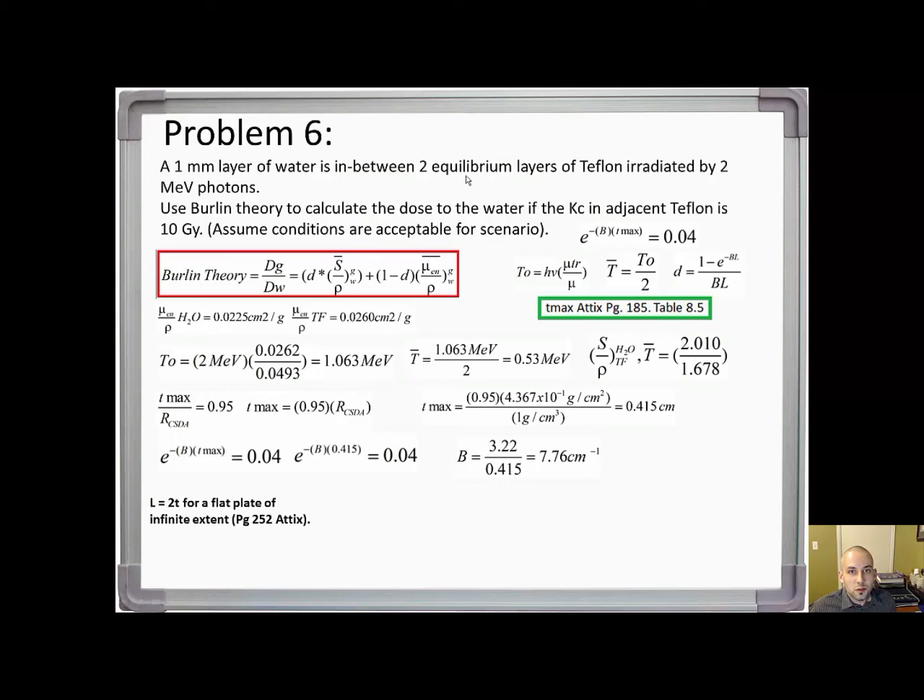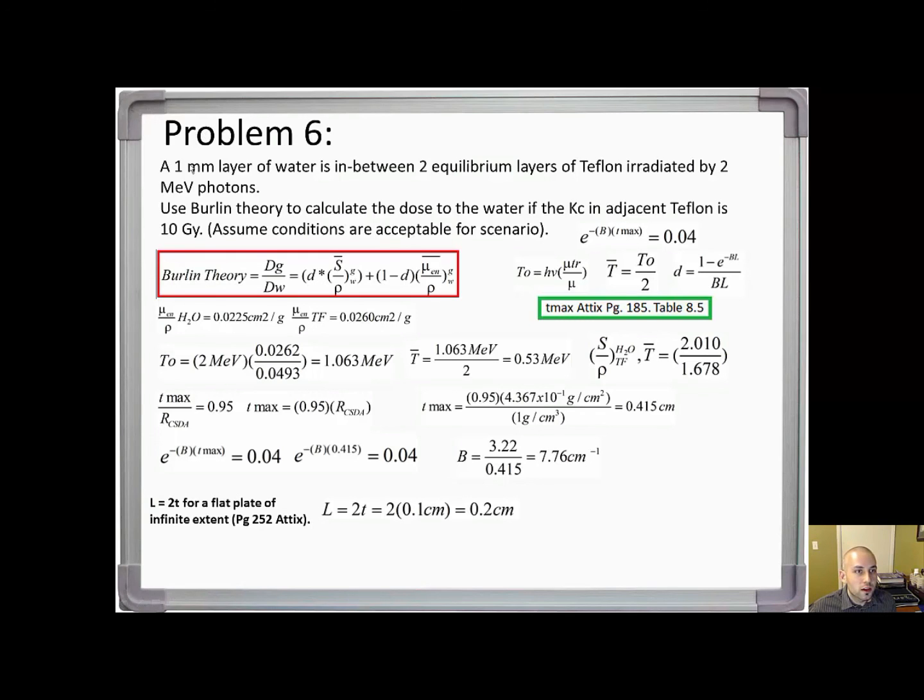So in this case, that's what we have. We have 2 Teflon layers that we're approximating as infinite extent with water in between them. So we can use this formula, which is very easy to use.